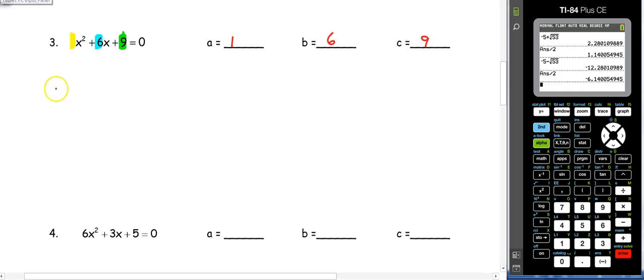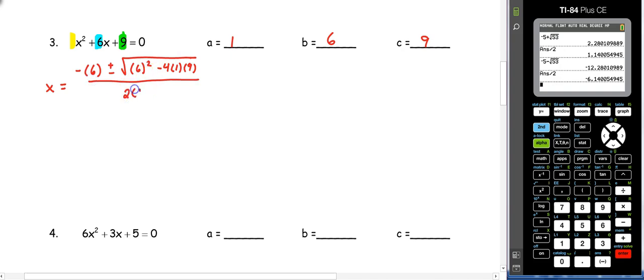So I'm going to substitute into the quadratic formula, and I get x equals negative b, so negative 6 plus or minus the square root of b squared, so 6 squared, minus 4ac, so 4 times 1 times 9, all over 2a, so 2 times 1.